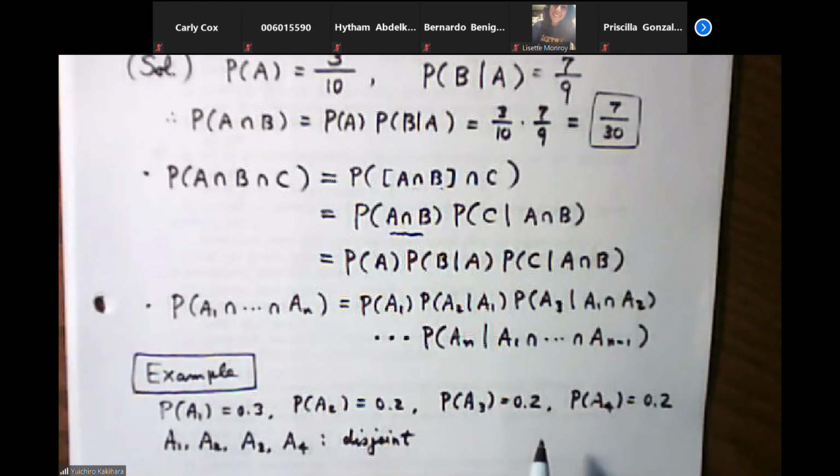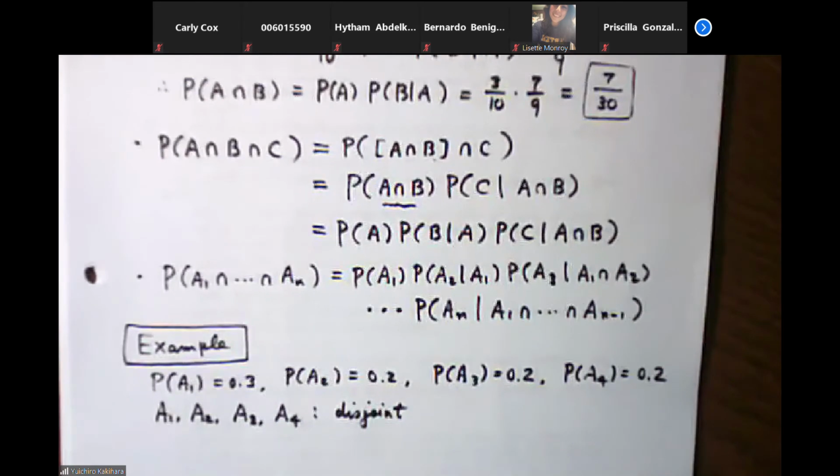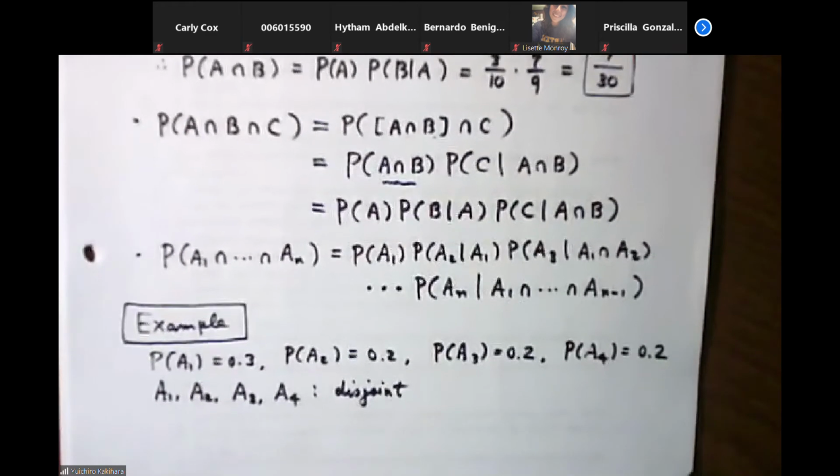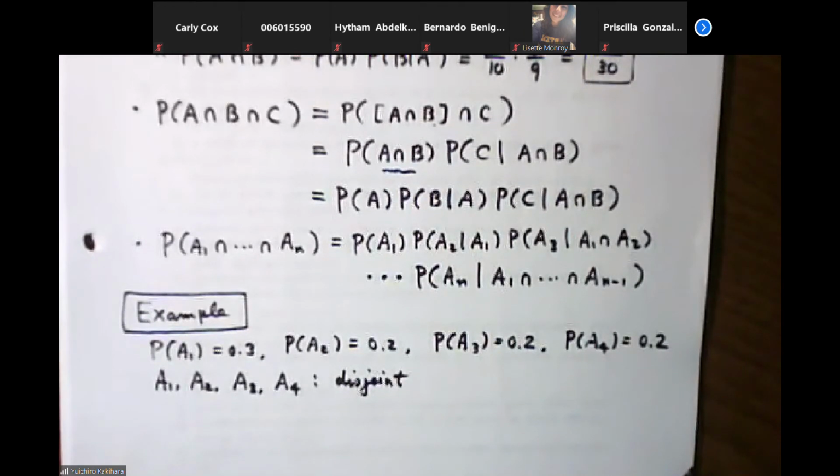Look at the probabilities: 0.3, 0.2, 0.2, 0.2. The sum of these is 0.9. Not the whole thing, but that's okay. We're missing a 0.1 part. And we are given conditional probabilities.